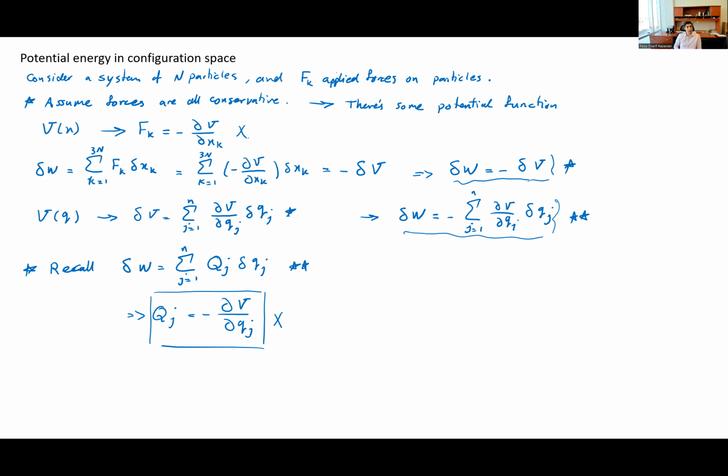So forces, either actual forces in our 3D space or generalized forces in the configuration space, are the partial derivative of a potential function with respect to whatever direction we are considering. But note that this is valid, obviously, only if all forces are conservative.